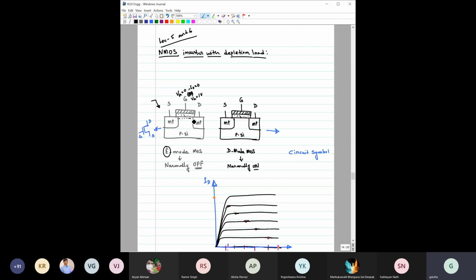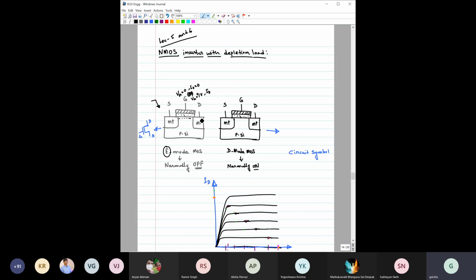This channel is formed by inversion. That means electrons will come here and form this channel, because it is NMOS. So you apply a positive voltage and the electron channel will be formed, and that basically connects this source and drain. You have a connection between these two, and you have a finite value of current, ID. Now, as you keep on increasing this Vg, the current will keep on increasing.